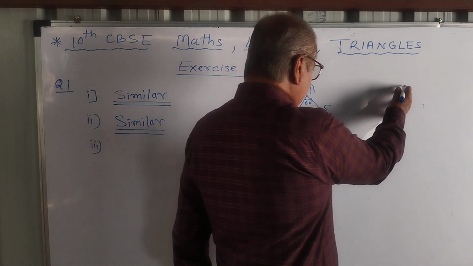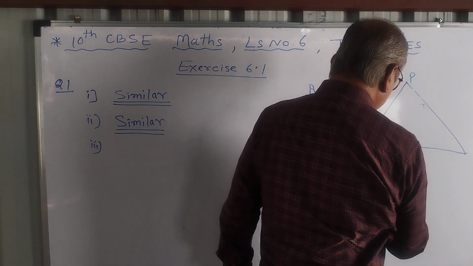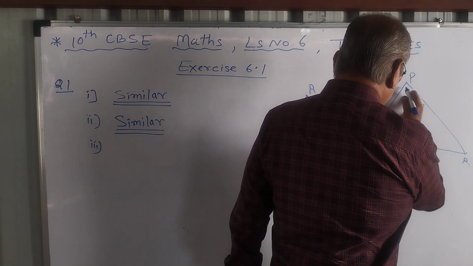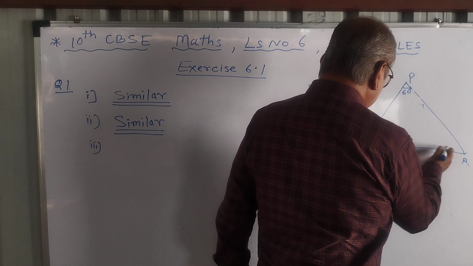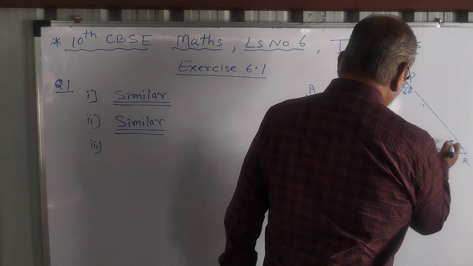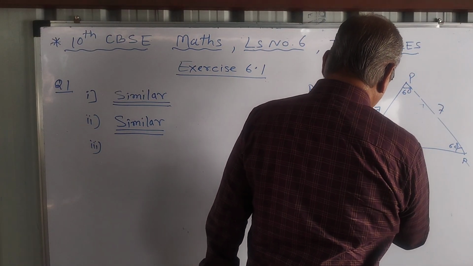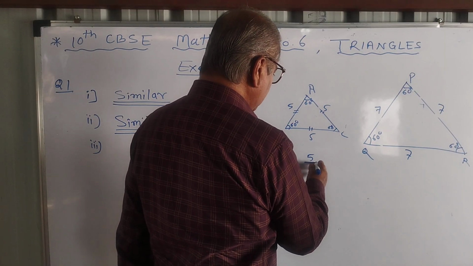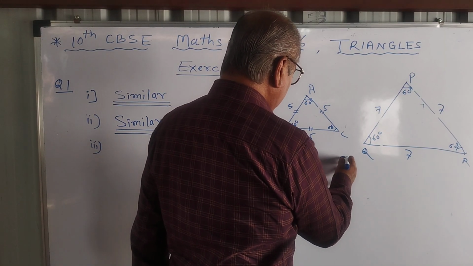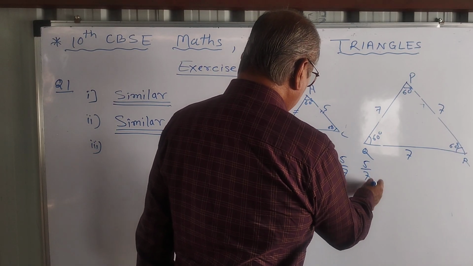And if you take another equilateral triangle with greater side PQR, again the angles are 60 degree, 60 degree, 60 degree. You can take any size, suppose 7 centimeter each. So AB upon PQ will be 5 upon 7, BC upon QR will be 5 upon 7, and AC upon PR is also 5 upon 7.